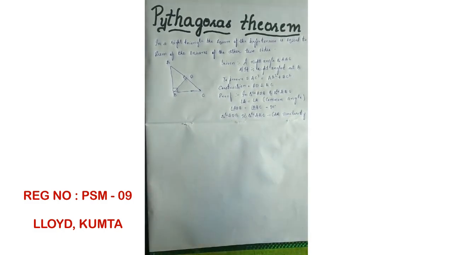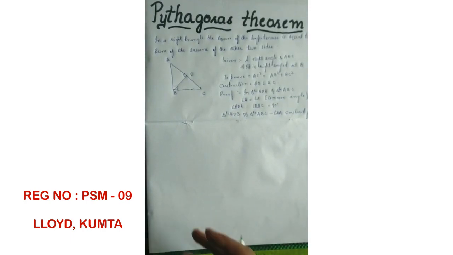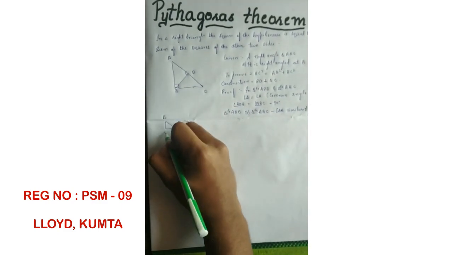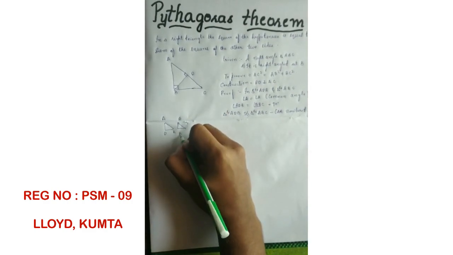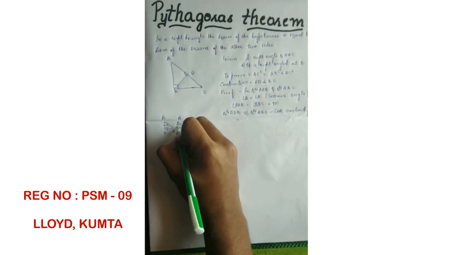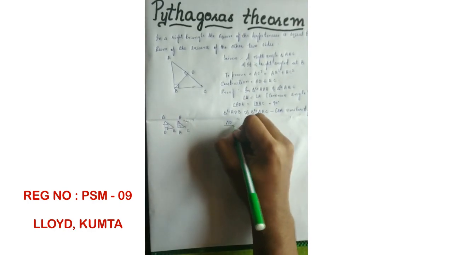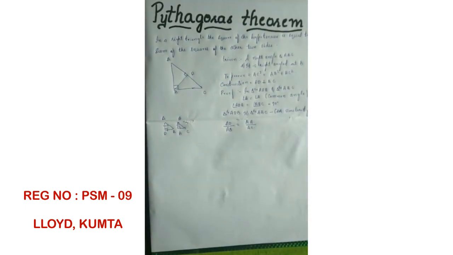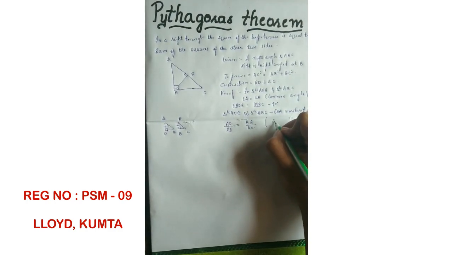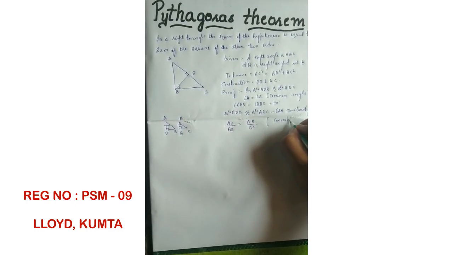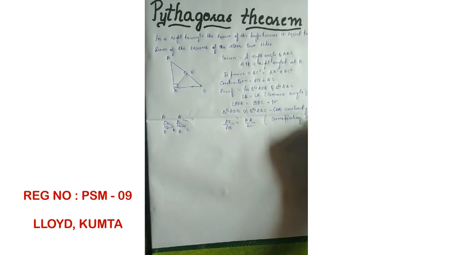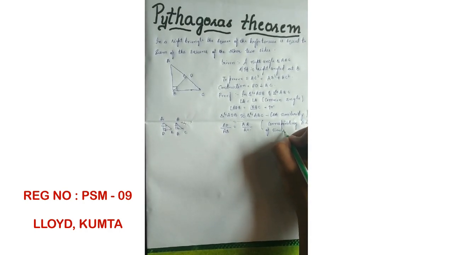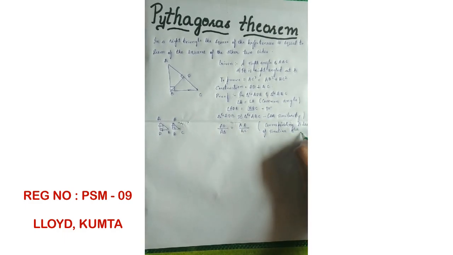So when these two triangles are similar, we can easily say that their corresponding sides are also proportional. So in triangle ADB and triangle ABC, side AD by AB equals AB by AC, because corresponding sides of similar triangles are proportional.